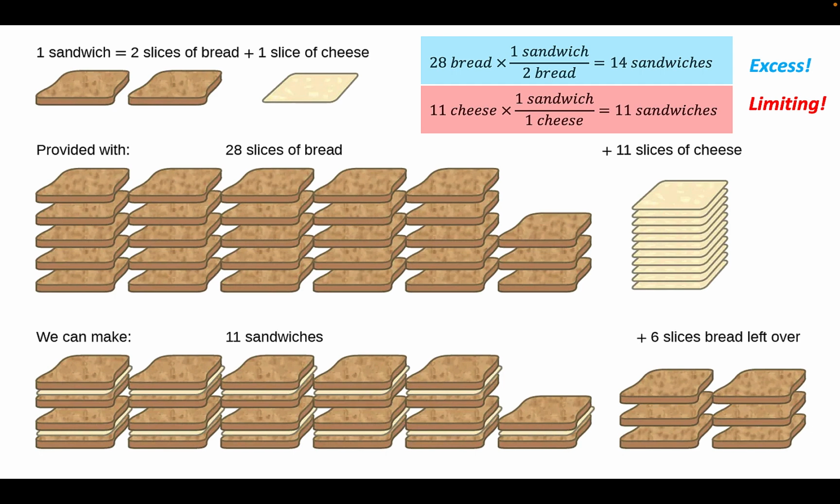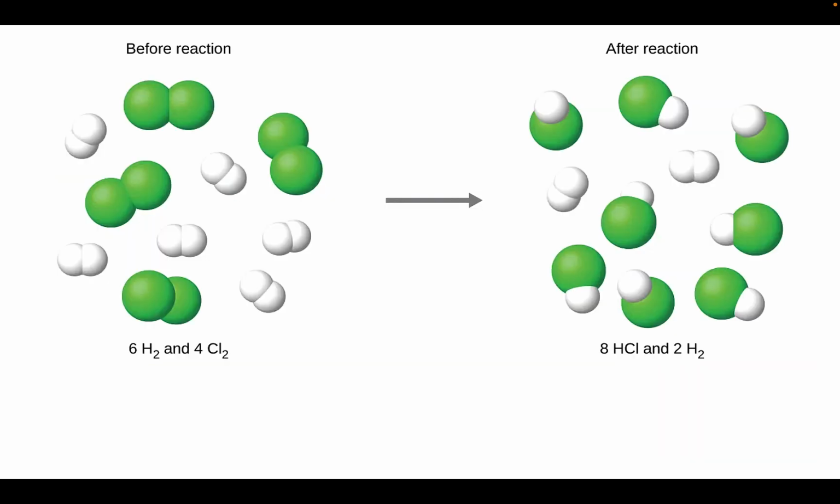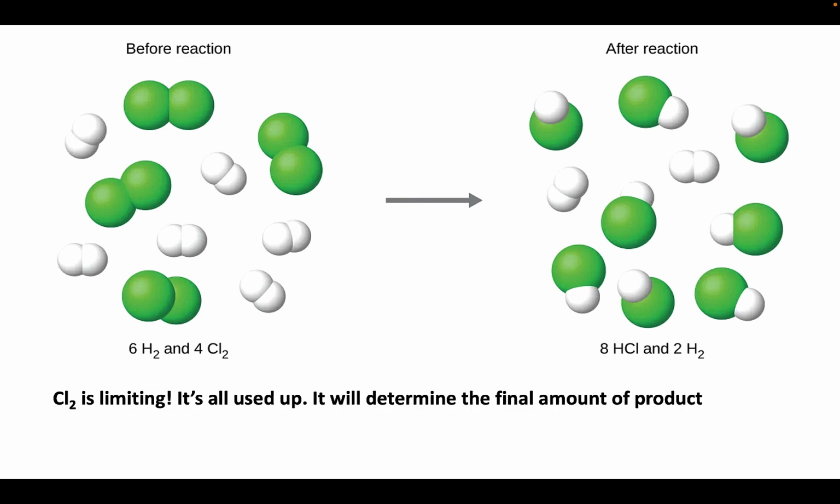So when we apply this to chemical reactions, it's the same thing with 2 different reactants. One reactant is going to run out first. That's what we want to determine. Let's take another look at an example here. Say we have 6 H2 and 4 Cl2, and after reaction we make a certain amount of HCl. What we can see is that all of the chlorine has been used up. It's the limiting reactant. These 4 chlorines can make 8 HCl's.